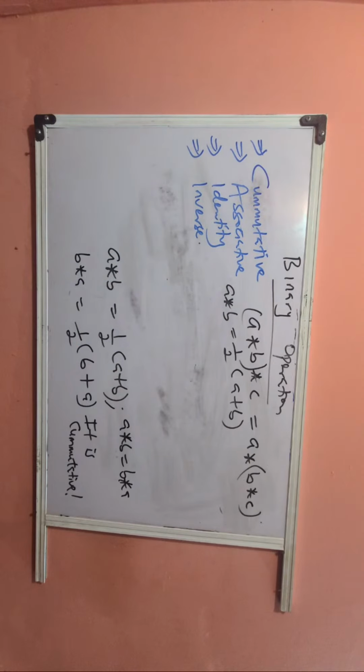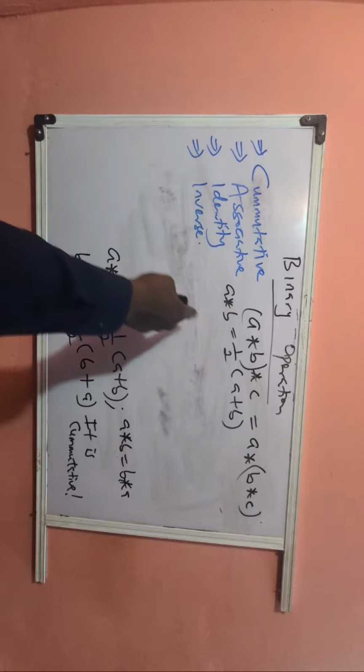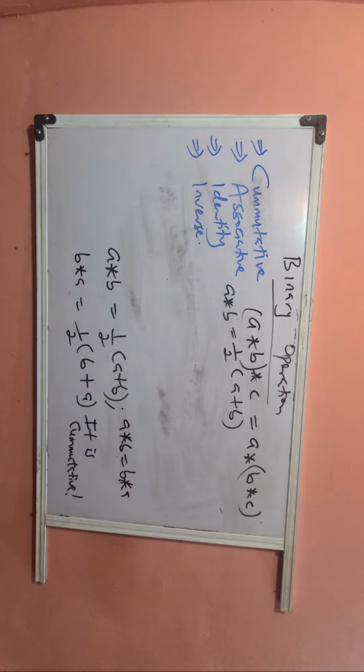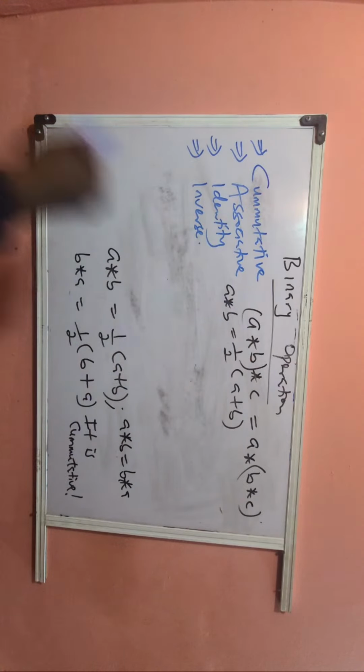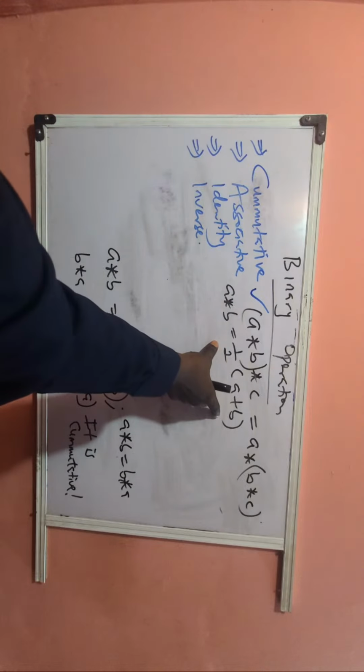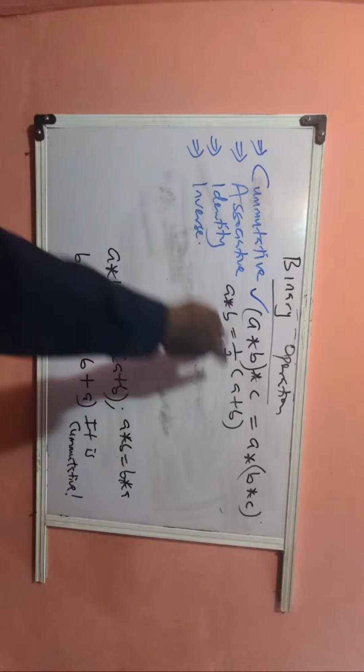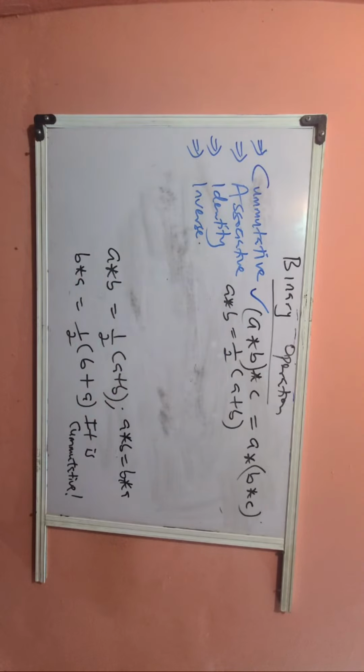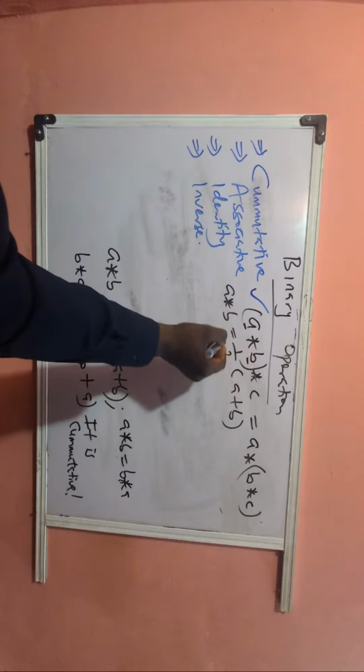So if you look at this and try to investigate this, you are told to find if it's associative or not. So what you have to do is use this. This is the property that must be fulfilled for you to say something is associative. So how do you fulfill this property? Now, you have known A star B. That means when you had the first with the second, this is it.